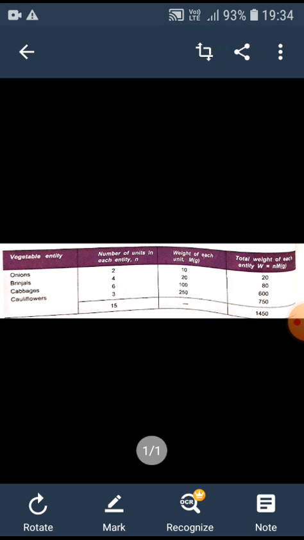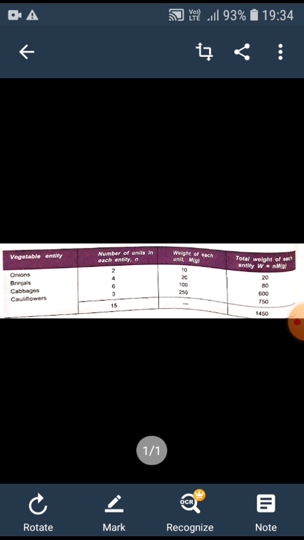Now, what we have to do is find out the average weight of the vegetables present in the basket. For finding this out, we assume that the individual vegetable entity contributes to the average weight in the proportion of its numbers. We then get the number average weight.